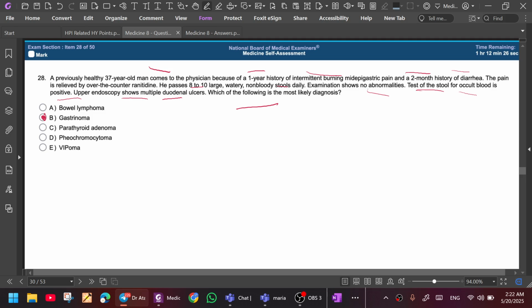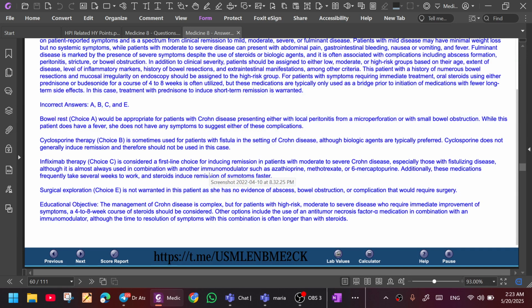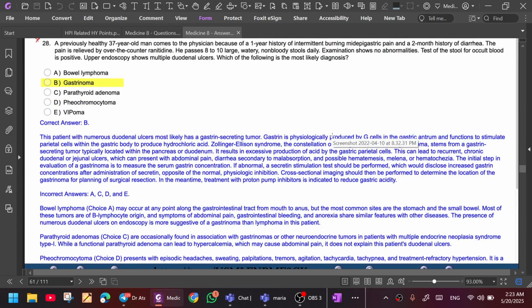It's between gastrinoma and VIPoma. I just don't remember what was... I know there was a mnemonic for VIPoma. What was it? Watery diarrhea, achlorhydria, what else? But that's in VIPoma, you're not going to find multiple duodenal ulcers on upper GI endoscopy. Okay, then it's gastrinoma, I guess.